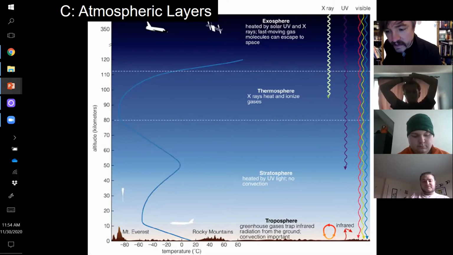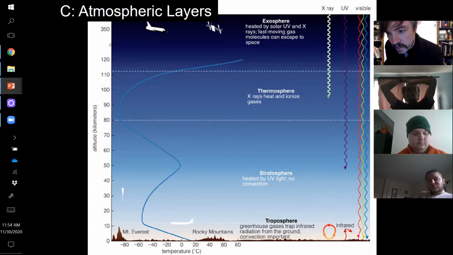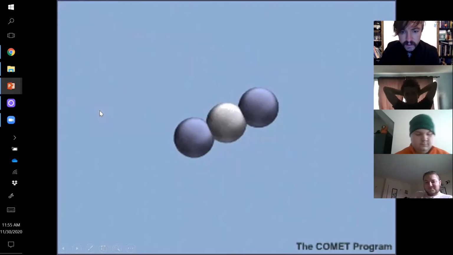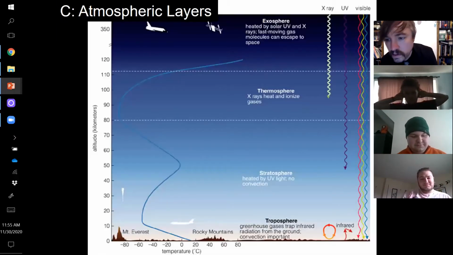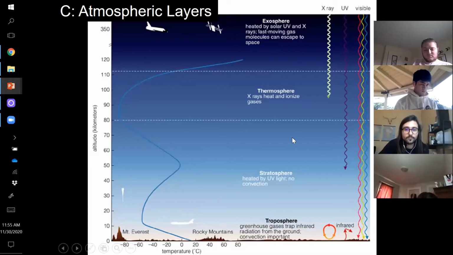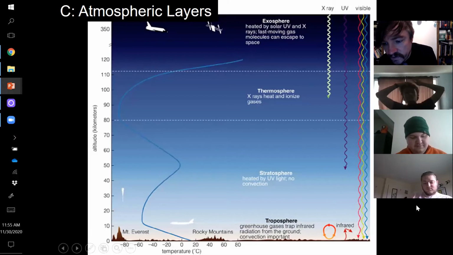Thermal escape is about gas particles. Anybody else besides Jake know anything about astronomy? Is it the gas particles that leak into space? Yeah, that's a simple way to put it. Just the leakage of gas particles into space. And if they travel faster than the escape velocity, some of them are always going to be bopping off the planet.